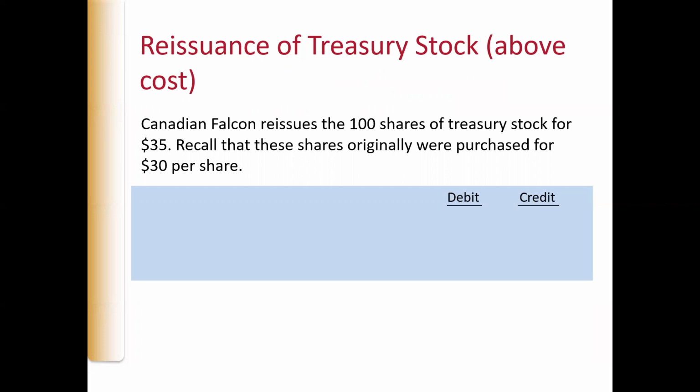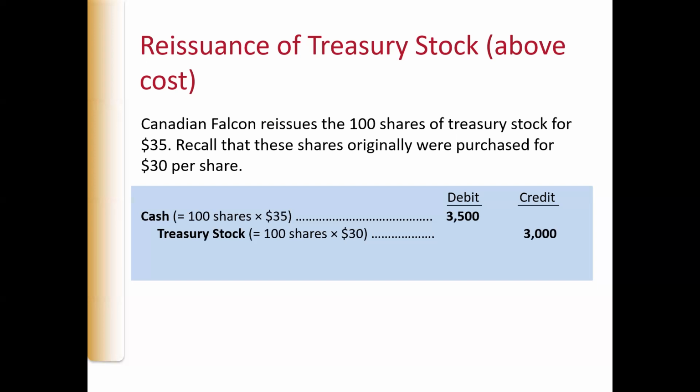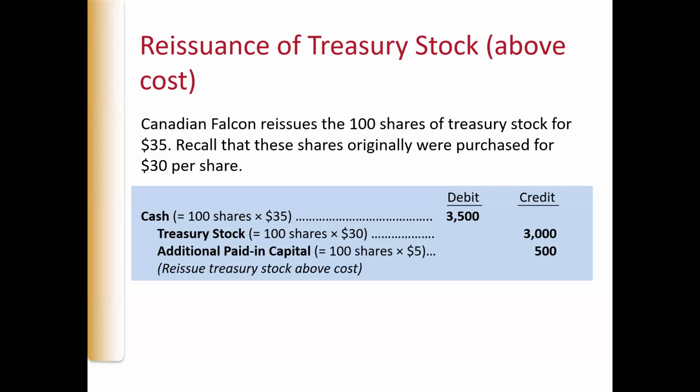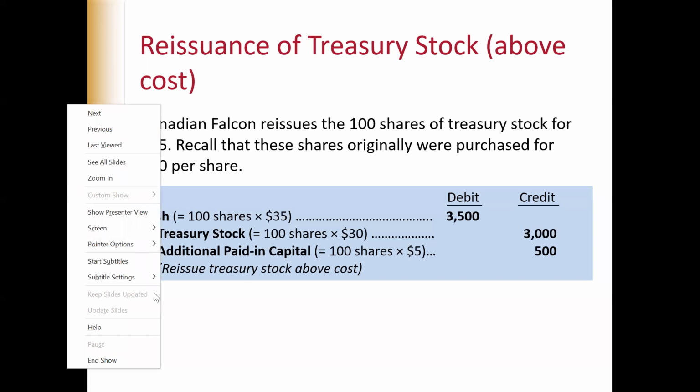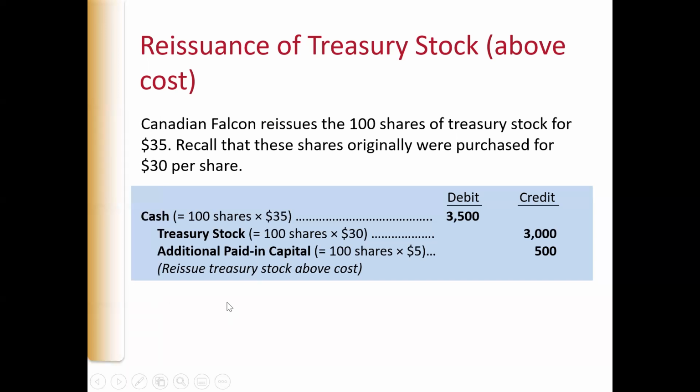When we reissue the treasury stock, we can only credit the treasury stock up to what we purchased it for at 30 bucks a share. And any difference, any increase or decrease, will go into additional paid-in capital. We need to zero out the treasury stock and then show any difference, either an increase or a decrease, in additional paid-in capital.